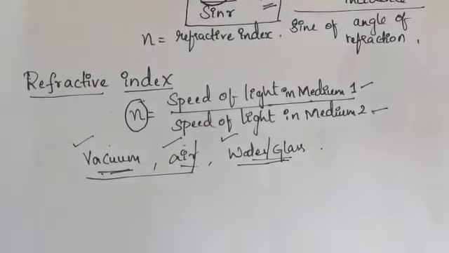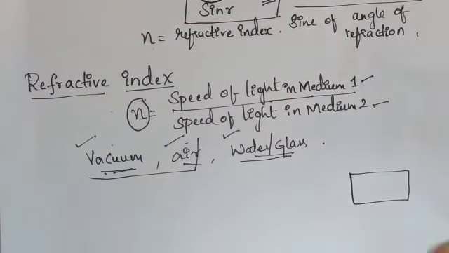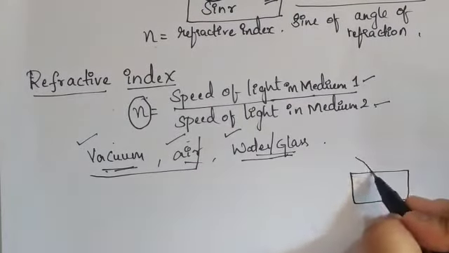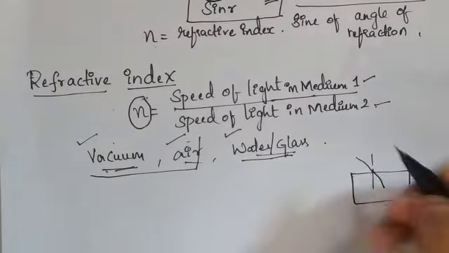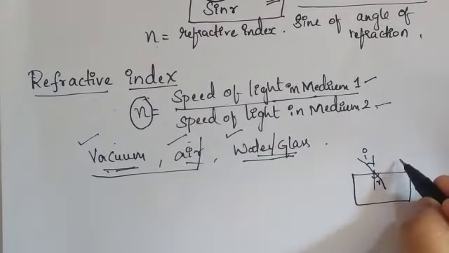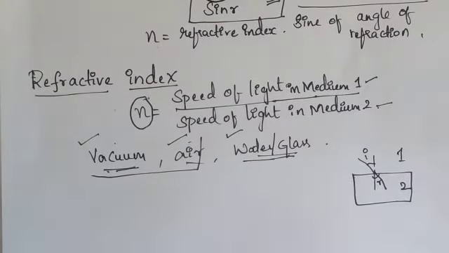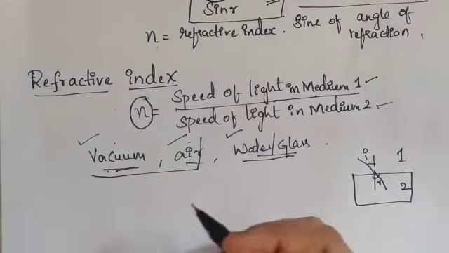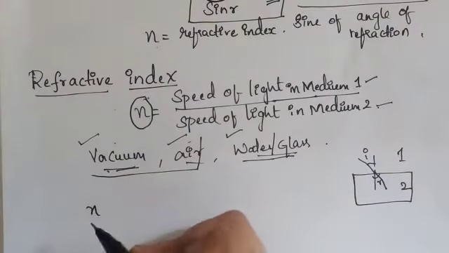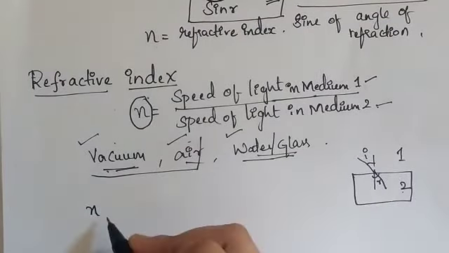Now for example, consider a glass medium. Light is incident on it. This is the incident ray and this is the refracted ray. So this is medium 1 and this is medium 2. Now I want to find the refractive index of medium 2 with respect to medium 1.